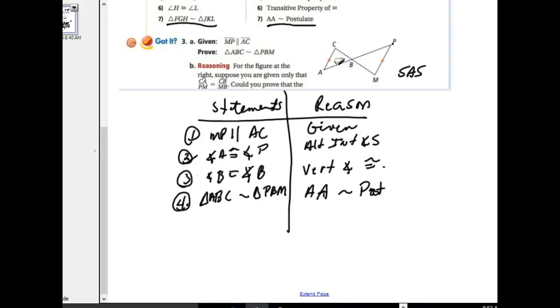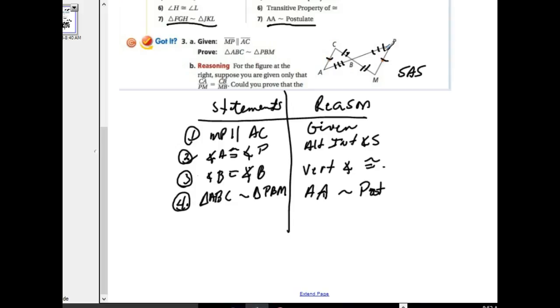We knew that this was proportional to this, but to use side-angle-side, we would also have to prove that that one is proportional to that one. And that was not given, and not anything that we could deduce from that.